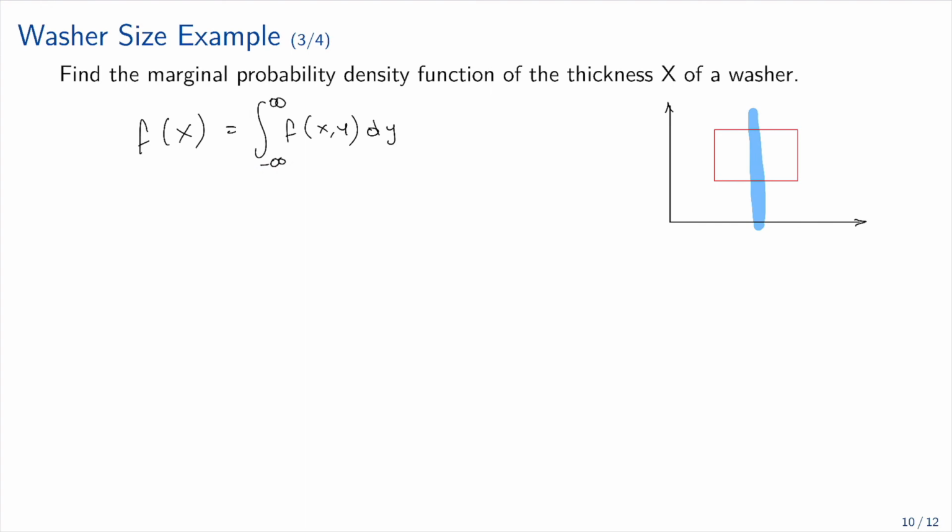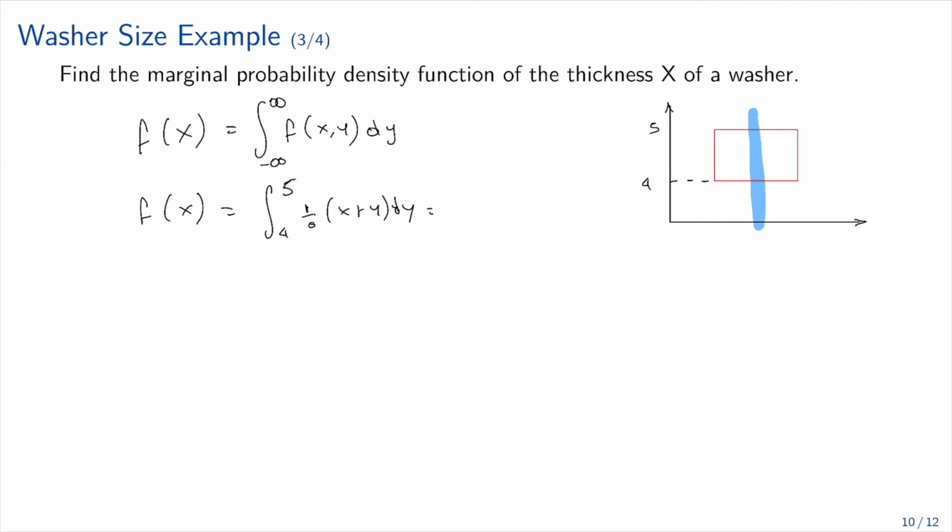So our variable y in reality has values different from 0 only in the range from 4 to 5. So f of x is equal to the integral from 4 to 5 of 1/6 of x plus y dy.